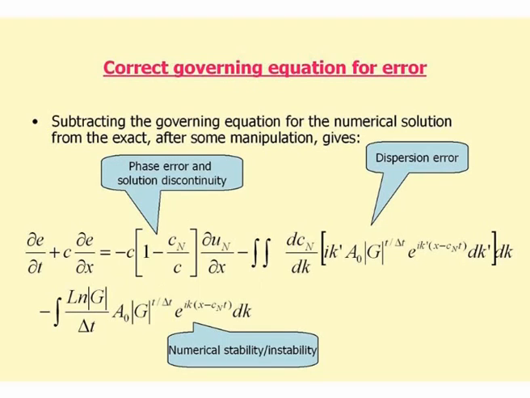The first set of terms is pretty much obvious, because this relates to phase speed. So, we call it phase error, and you also notice that this phase error term depends upon the smoothness of your numerical solution. If the solution of the problem you are solving is discontinuous, that means this derivative, del del x of u n, is large, and then of course this is going to hurt you.